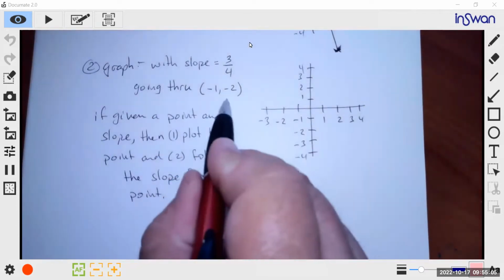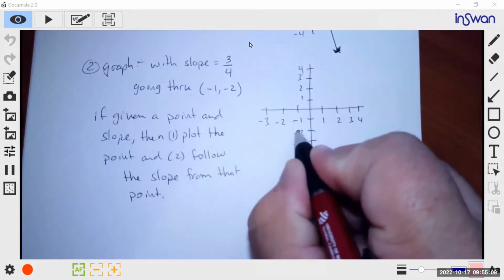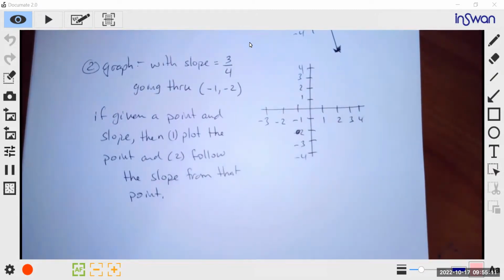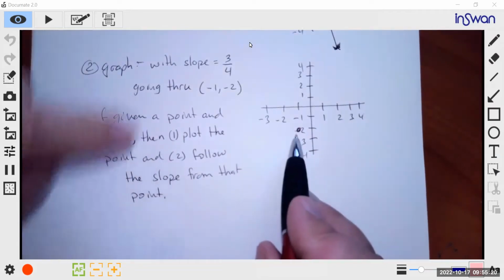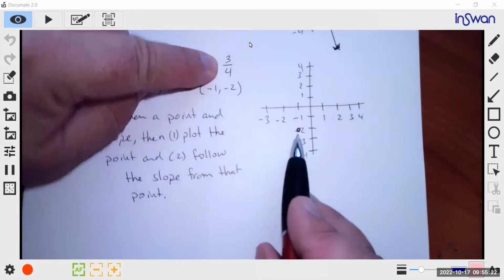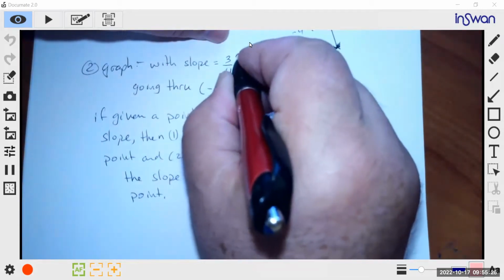So I have to plot the first point, -1, -2. So -1, there's my point. So according to this, I plot the point. Next, from this point, I follow the slope. What does the slope tell me to do? The top number, since it's positive, goes up.